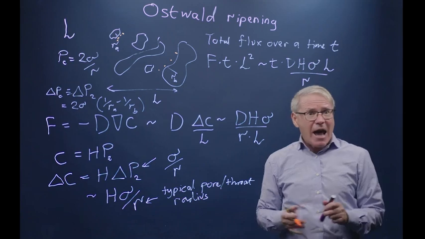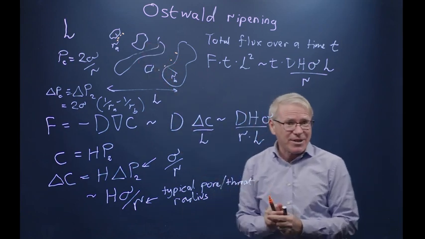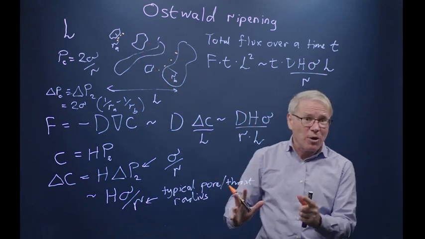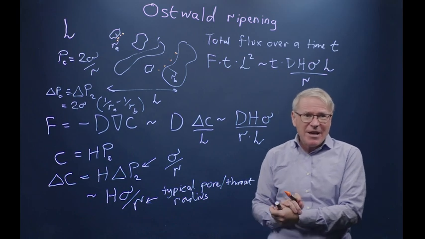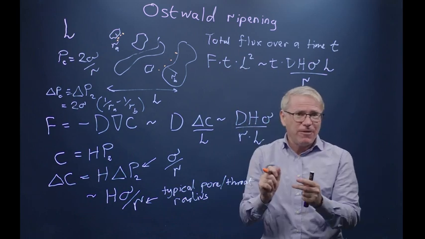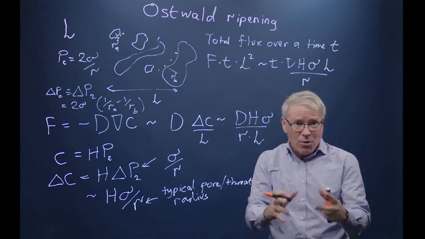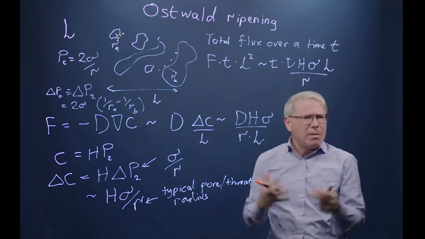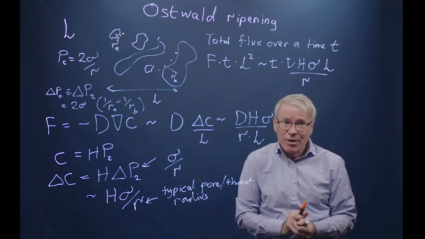Well, the idea is how many moles of gas are in a volume L cubed to begin with. And if the total flux, which is now measured in moles, is equal to that total moles, then there's been plenty of time for the ganglia to rearrange.